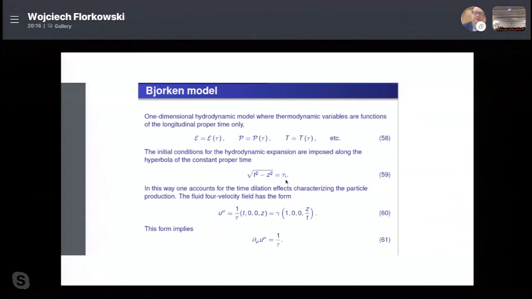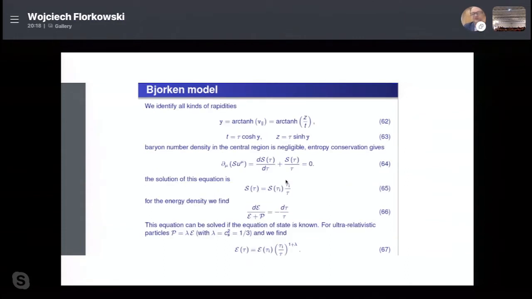And then, okay, there are further simplifications in the Bjorken model. You probably know what is the rapidity of a particle. It's just the measure of the longitudinal velocity. So the hyperbolic tangent of y is the longitudinal velocity, or rapidity is just the inverse hyperbolic tangent of the longitudinal velocity.